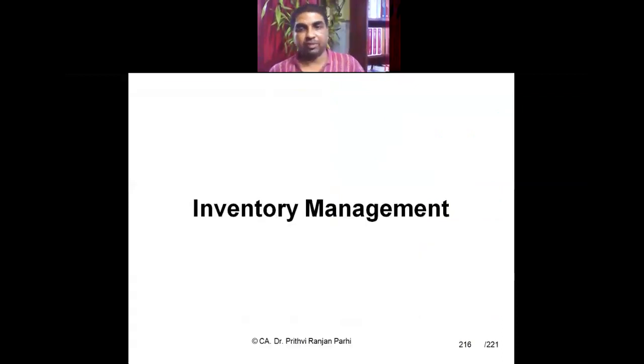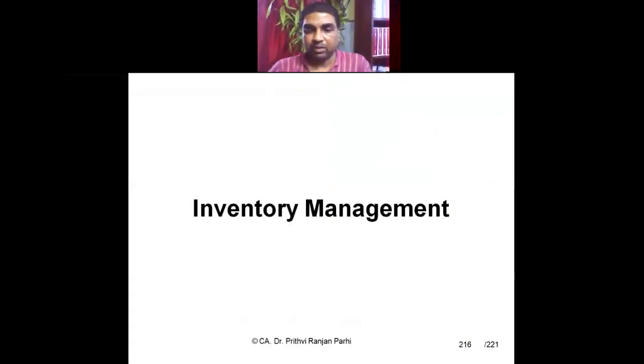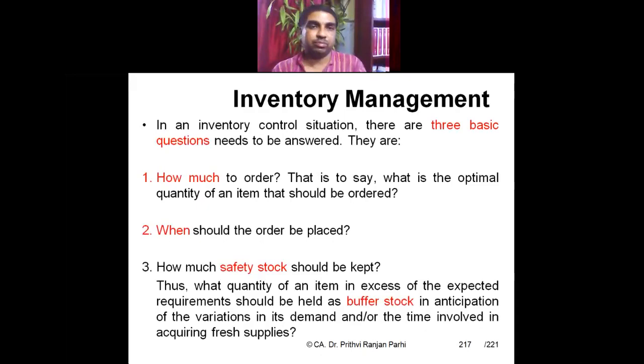We'll start from inventory management. In that context, I had explained there are three questions which are dealt with in this topic. How much to order, so different levels of ordering quantity can be fixed.